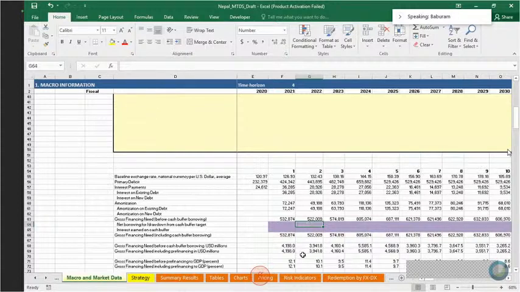Look, in my view, Prajwal's solution is good. The only concern is that we don't want to underestimate the stock of the existing T-bills and the stock of T-bills at the end of the strategy period. So we can treat this in different ways.